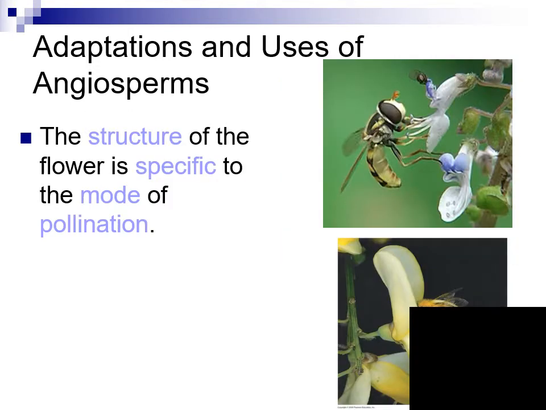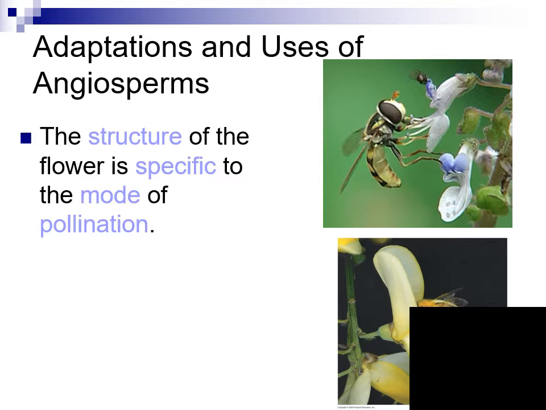Okay, and so many times we see that the evolution of the flower and of the animal kind of go together, because a lot of these pollinators are specific to a specific flower.